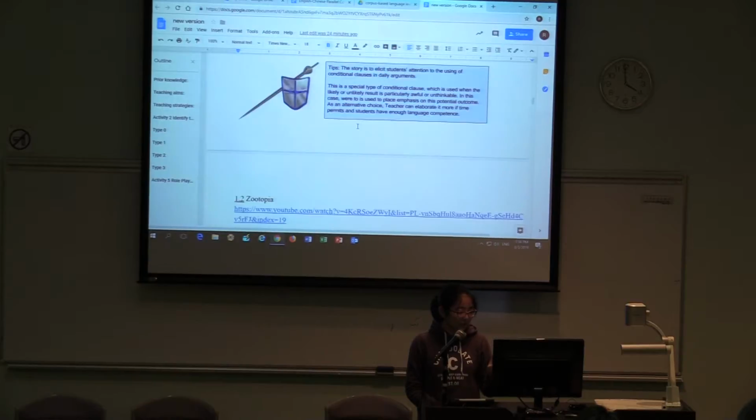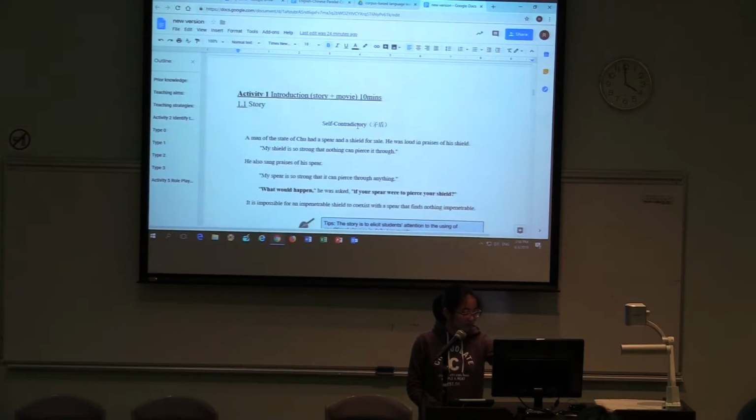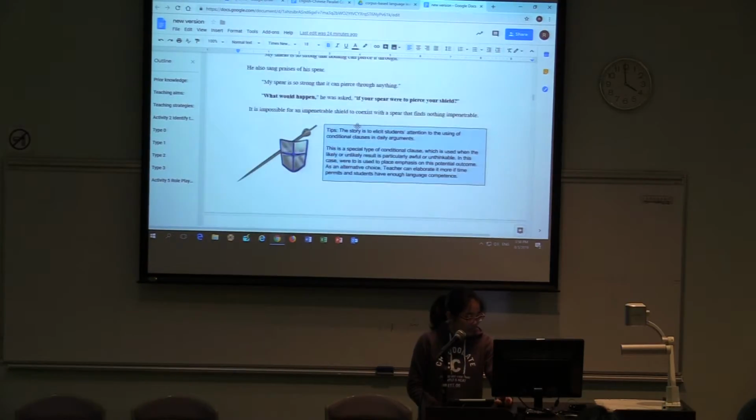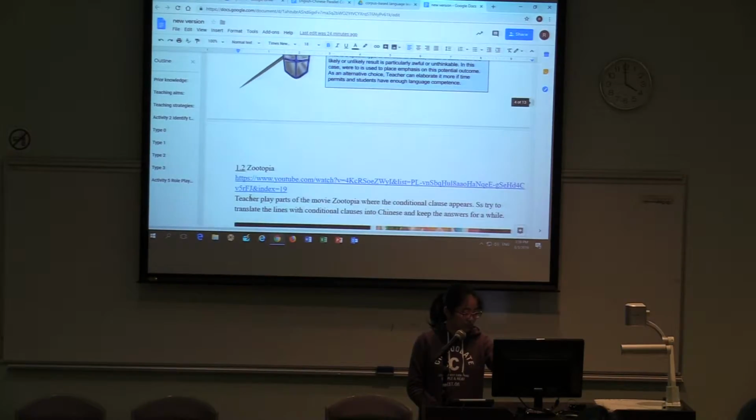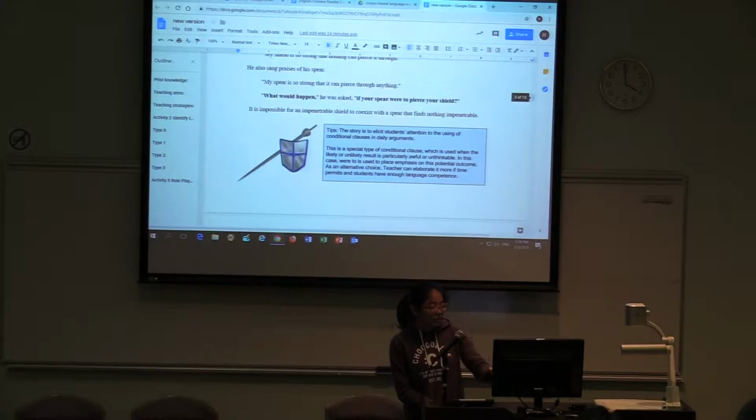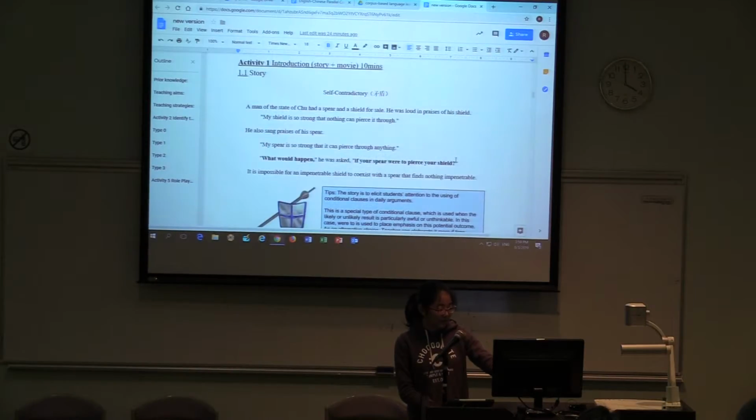There are 2 activities. First is the story, and the second one, I will show some video clips about Zootopia. The function of the story is because in this story the most important sentence is this: what would happen if your spear were to pierce your shirt?